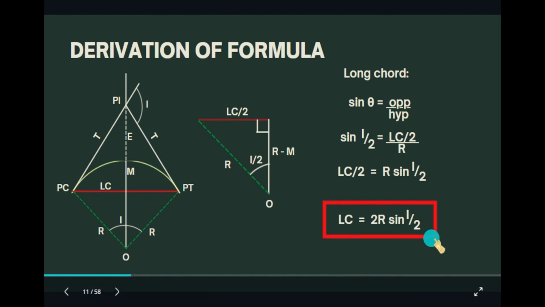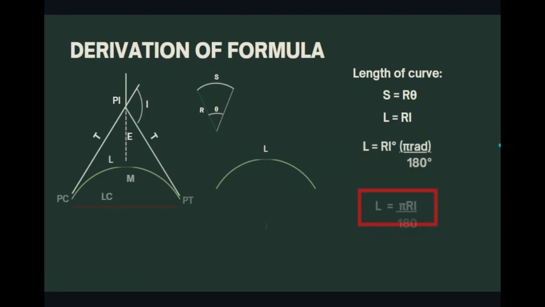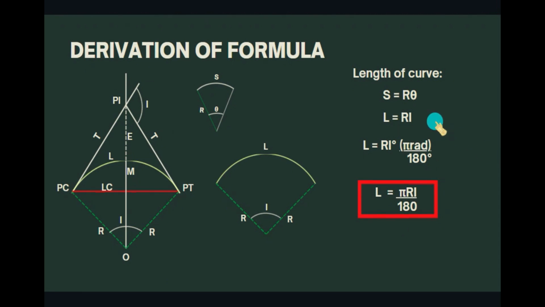If we simplify furthermore, we get the formula of the total chord length, which is LC equal to 2R sine I over 2. Next we can compute the L, or the length of the curve. Knowing basic geometry, we know that the length of a circle's arc is S equals R theta.